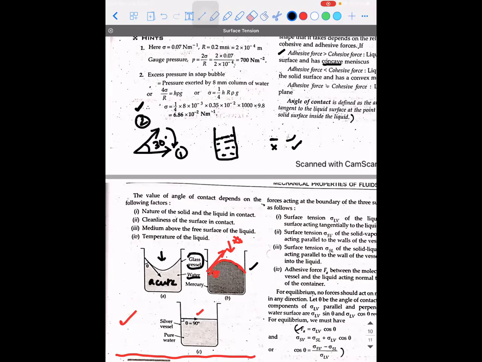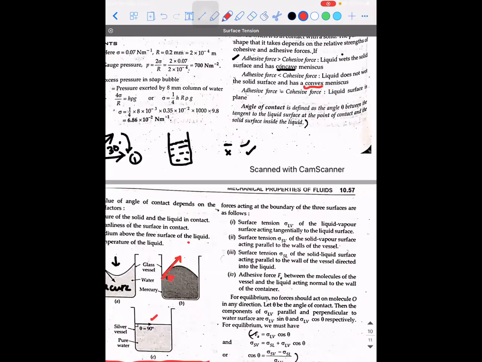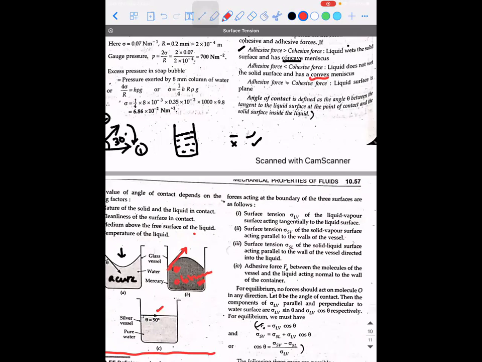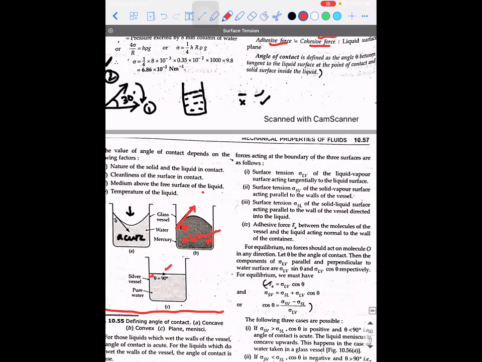Similarly, if the adhesive force is less than the cohesive force, then it will have a convex meniscus, which means the angle of contact will be obtuse, right? If the adhesive force is equal to the cohesive force, then the angle of contact is going to be 90 degrees.